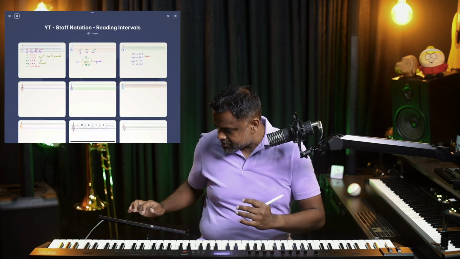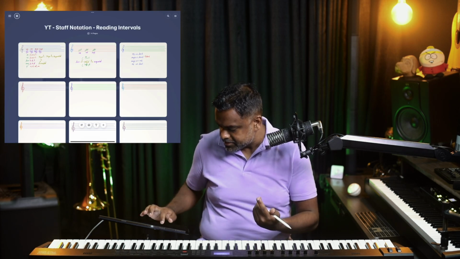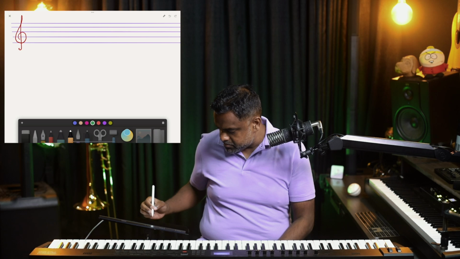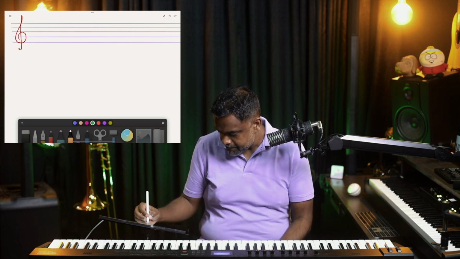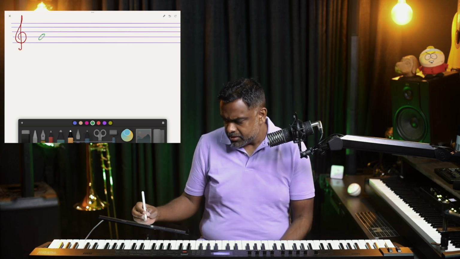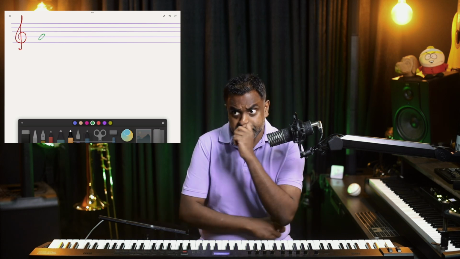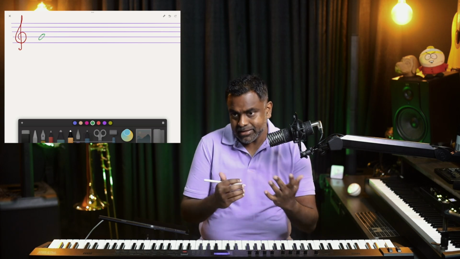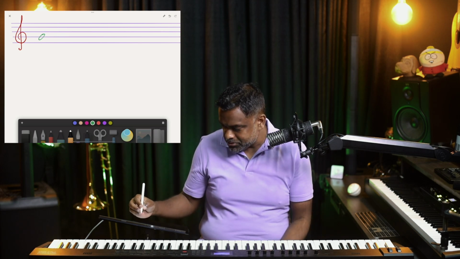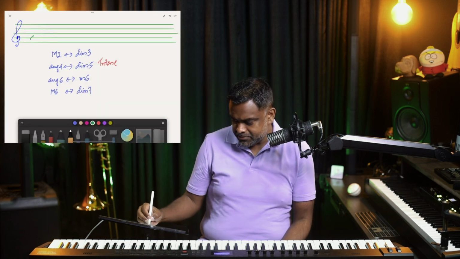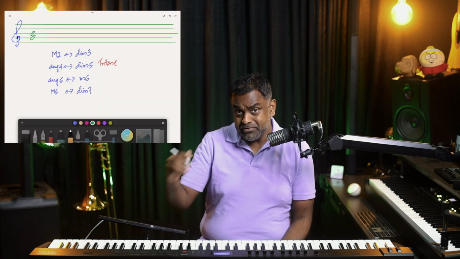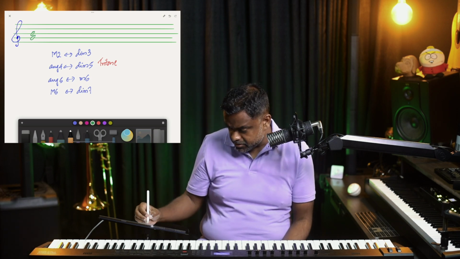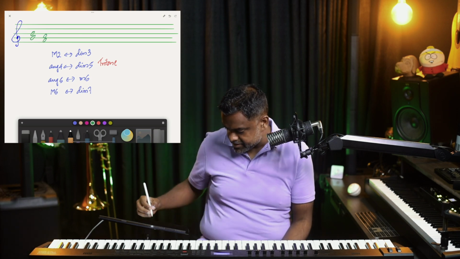Okay, so that was about thirds. Now let's look at different roots and play around. So let's now look at the root of F, or let's look at G, and let's look at fifths. Now, whenever you're populating intervals with staff notation, the trick I have is, let me draw the trick in the previous one. Yeah, here you go. So you have G, the very next line, or F, or the very next space.